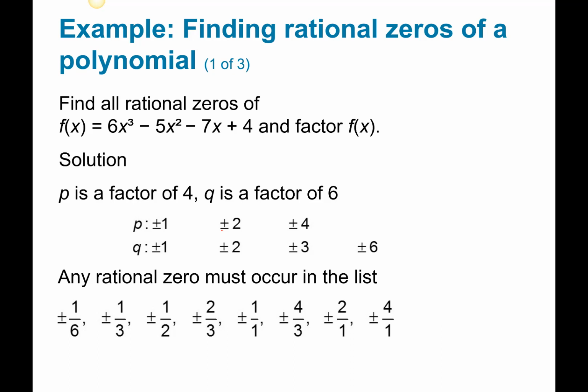The way that you go about doing this is you take your constant, that's P. You take your leading coefficient, that's Q, and you factor each of them. Once you have them factored, remember you're doing the plus and minus of each of them, you do all combinations of fractions with P in the numerator and Q in the denominator.